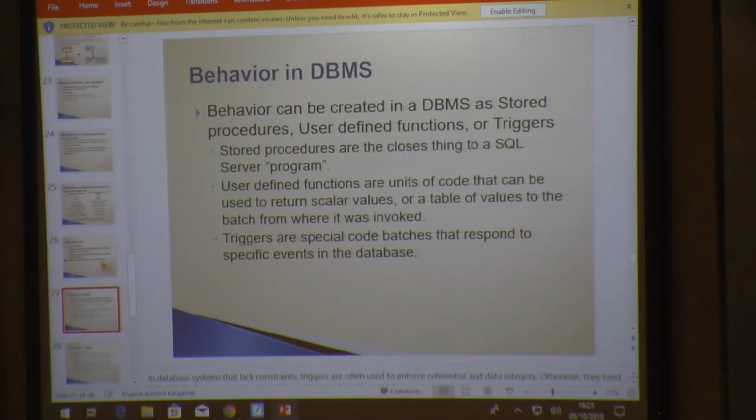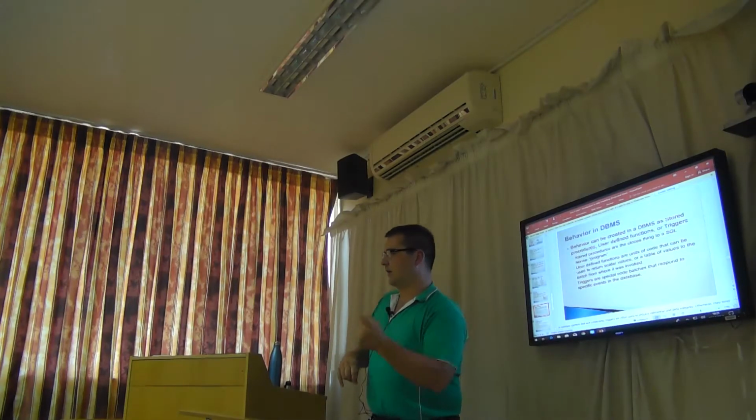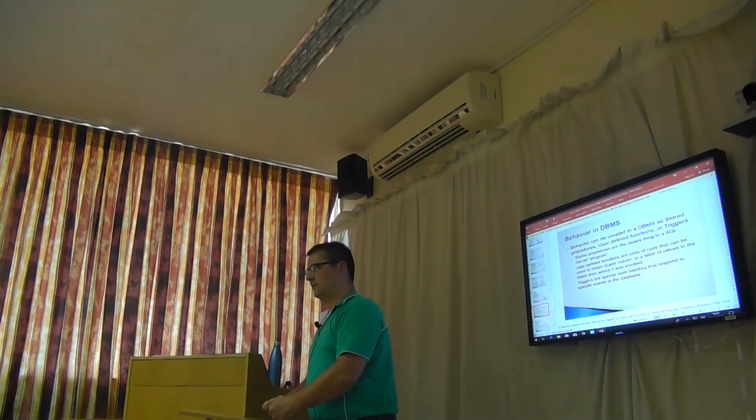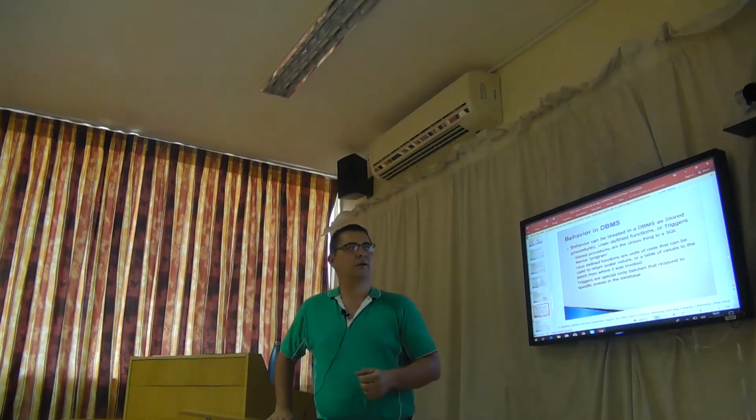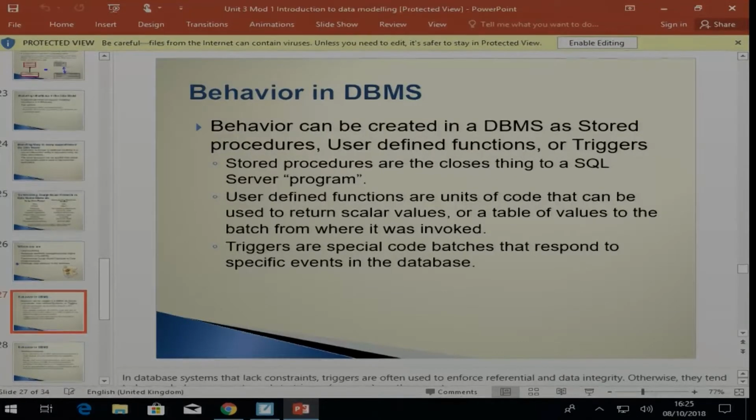Then there's some decisions which we might need to make to say, but how am I going to handle the behavior which is related to my data? How am I going to handle the retrieval of data, the validation of data? Okay. So that is a place where we start to look at the stored procedures, user-defined functions, and triggers. Now, you will see a stored procedure is allowing us to do similar things like a small program.